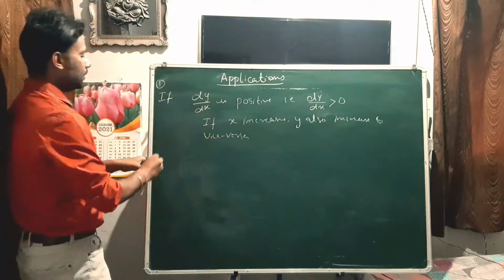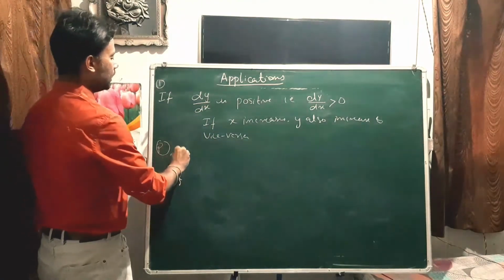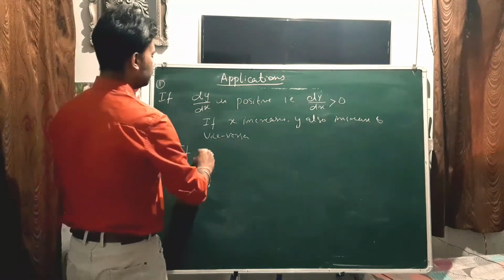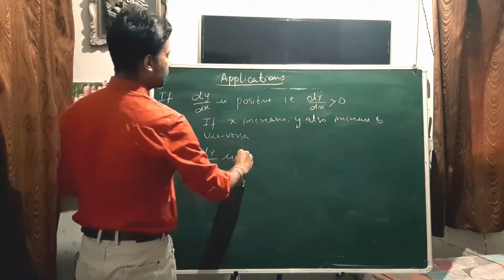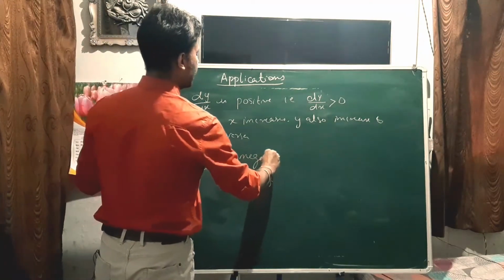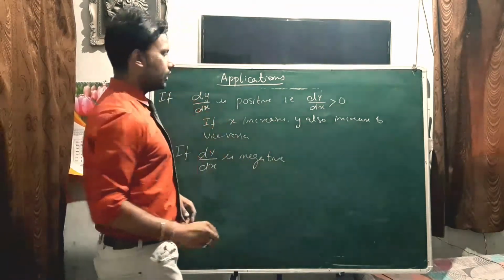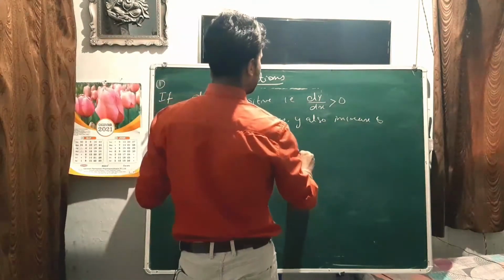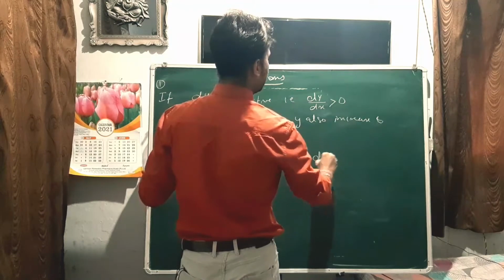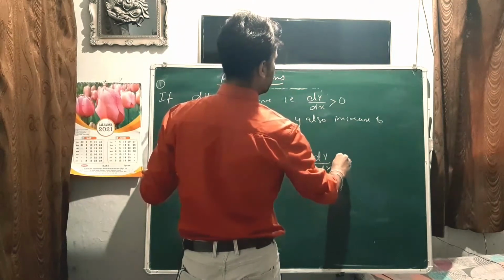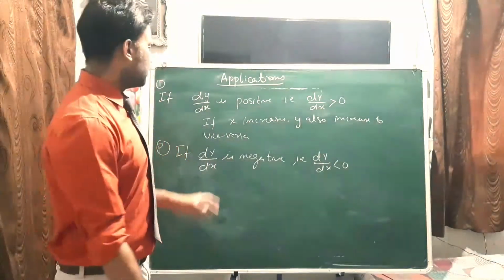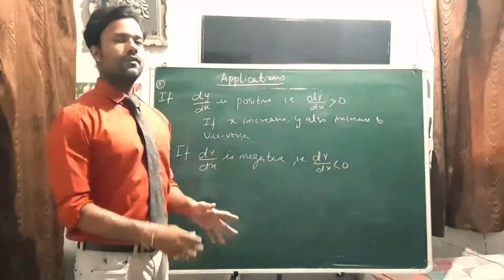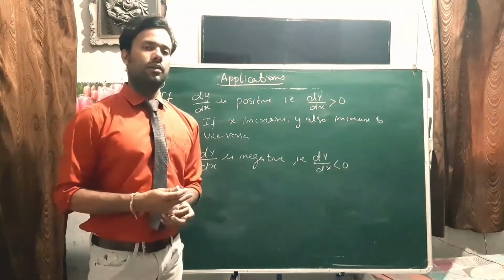Second case, what will happen? If dy by dx is negative, it means dy by dx is less than 0. Now the effect on y is reversed relative to x.